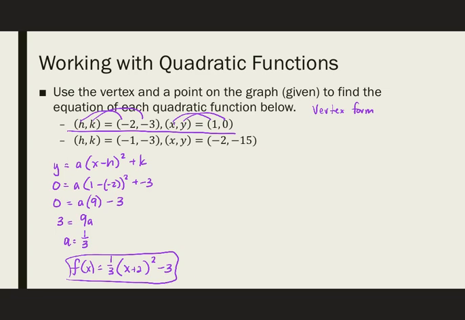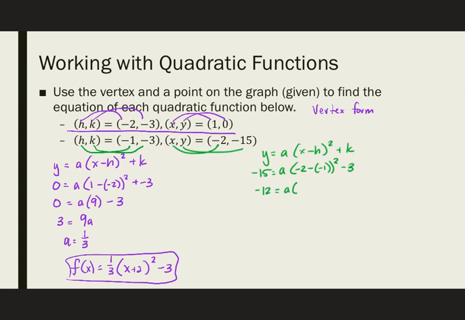If y is a times x minus h squared plus k, for the next one, y is negative 15. I don't know what a is. x is negative 2. h is negative 1. k is negative 3. So I'm going to add 3 to each side. So that's going to be negative 12.